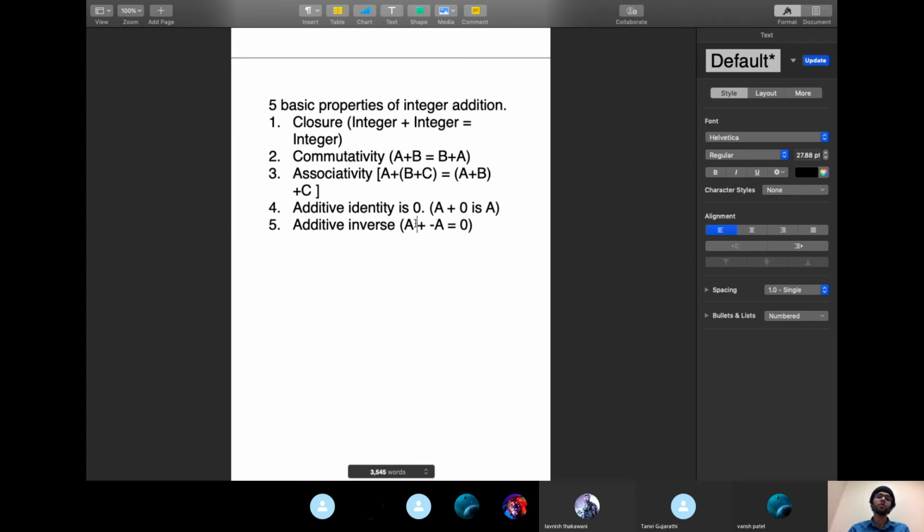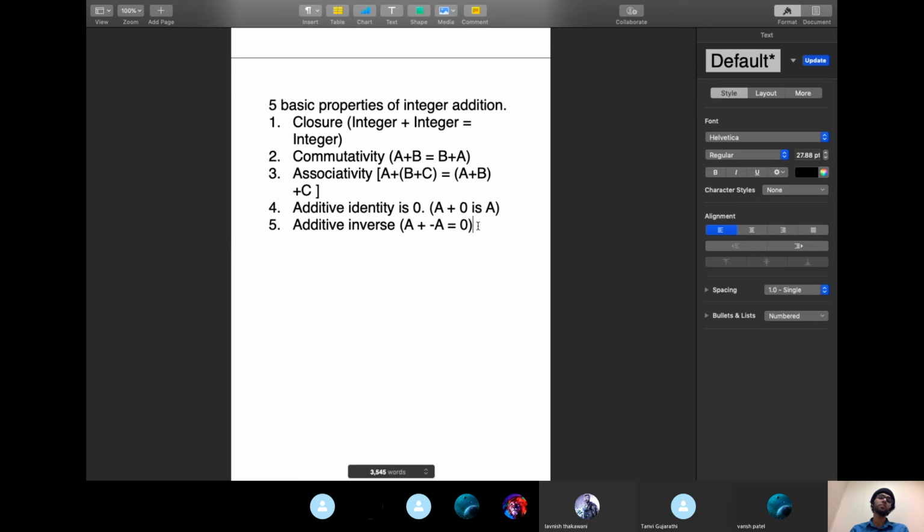So if my a is 4, then this is minus 4, so 4 plus minus 4 is 0. If my a is minus 10, then my minus a will be minus of minus 10, which is 10. So minus 10 plus 10 will be 0. So for all integers there exists another integer which is its additive inverse.